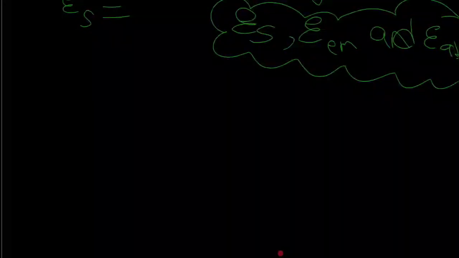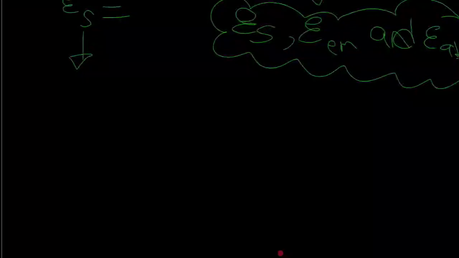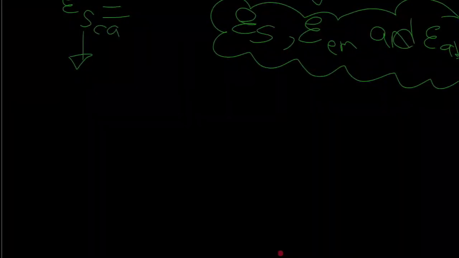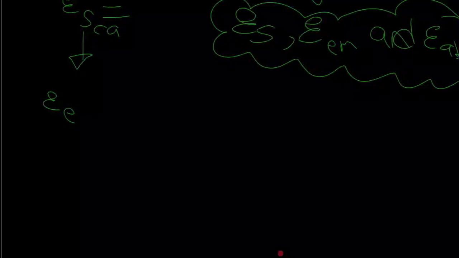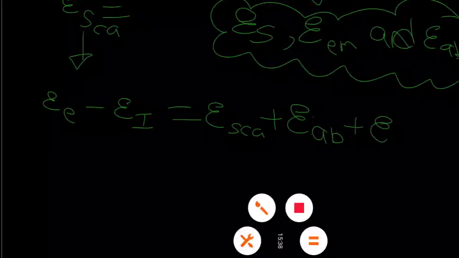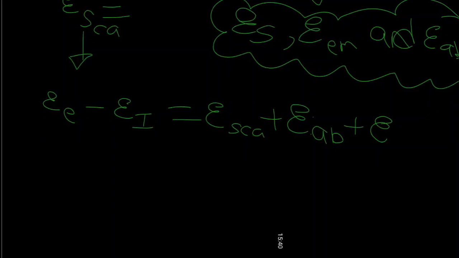If you want to do it on your own, here is a hint: you should know the formula of the scattering, and after knowing it, you can use the conservation of energy. It means, suppose E was the final energy and E was the initial energy, and this can be termed as E due to scattering plus E due to absorption plus E due to emission.